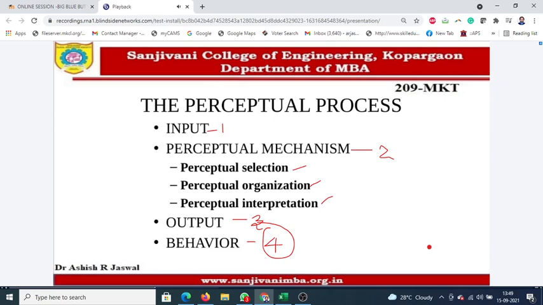While the senses may be exposed to various stimuli, the human senses select only some of these. Like when I roam around, I may see n number of advertisements, but I will look at only certain advertisements. This means that my senses are going to select only some of the points at a time.